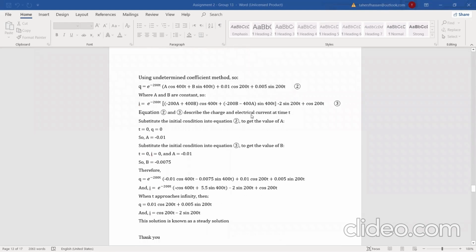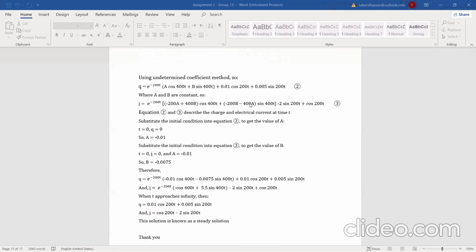Using the undetermined coefficient method, Q equals e to the power negative 200t (A cosine 400t plus B sine 400t) plus 0.01 cosine 200t plus 0.005 sine 200t.